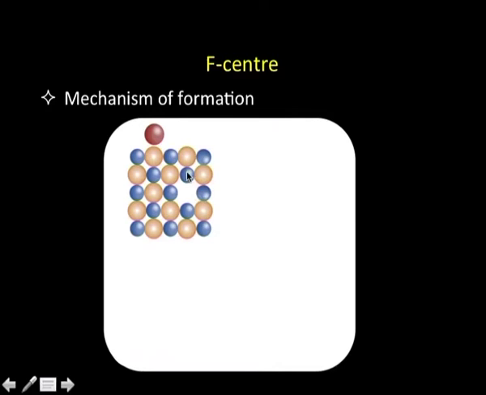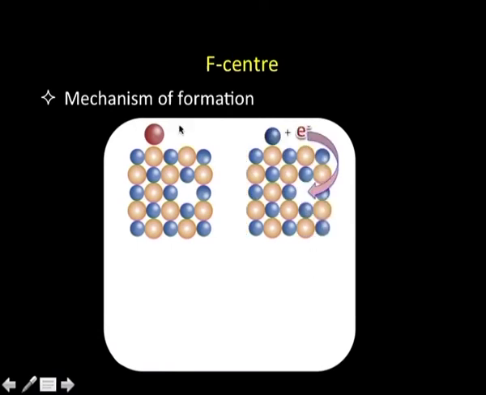This is my sodium chloride lattice, where the blue ones are my sodium ions and the other ones are the chloride ions. Now, this is my sodium atom which has got adsorbed onto the lattice. What happens is this sodium atom ionizes to give me a sodium ion and an electron. The first step is adsorption. The second step is ionization of the sodium atom to give a sodium ion and a free electron.